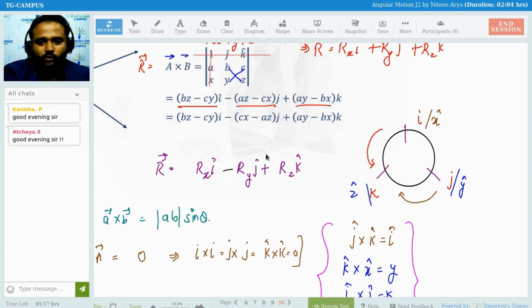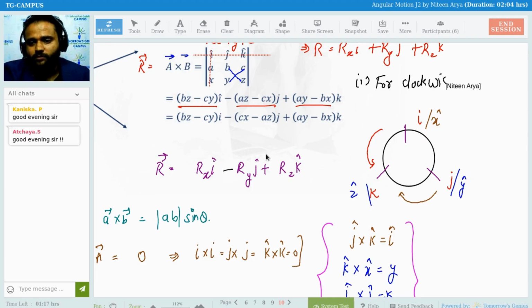So I can make a small note here. For clockwise rotation, for clockwise product or rotation, we get positive vector product. Okay.